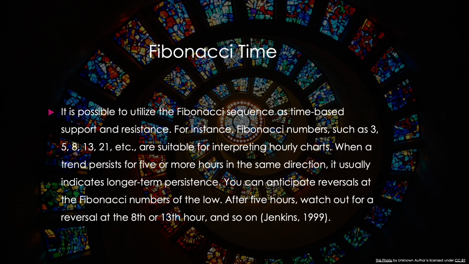When a trend persists for 5 or more hours in the same direction, it usually indicates longer term persistence. You can anticipate reversals at the Fibonacci numbers of the low. For example, after 5 hours, watch out for a reversal at the 8th or 13th hour, and so on.